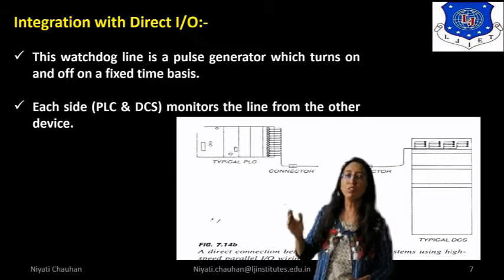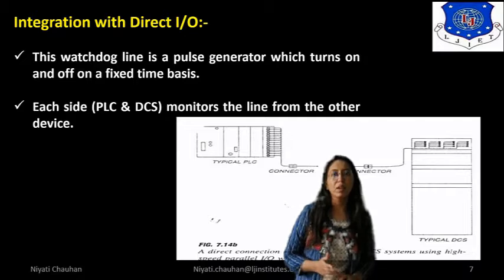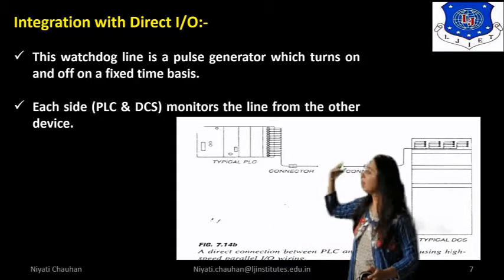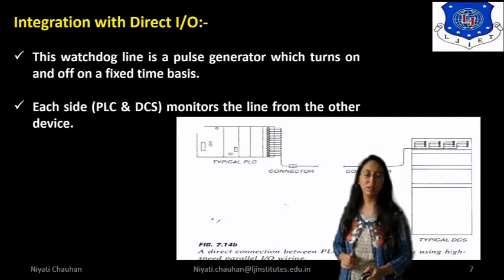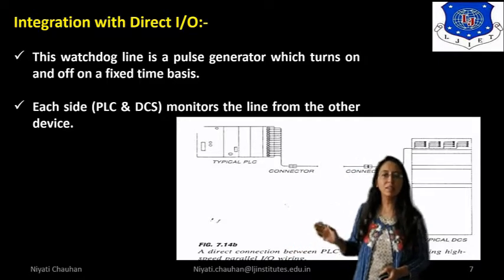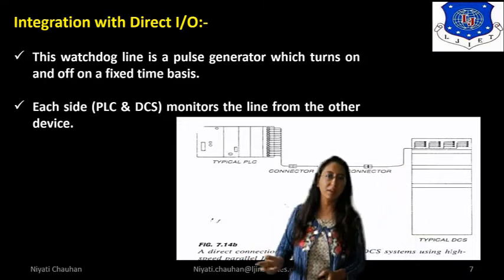This watchdog line is a pulse generator which turns on and off on a fixed time basis. Each side, PLC and DCS, monitors the line from the other device.